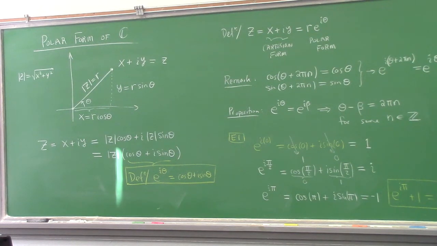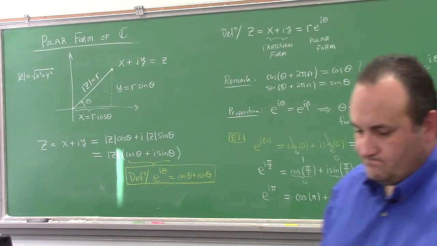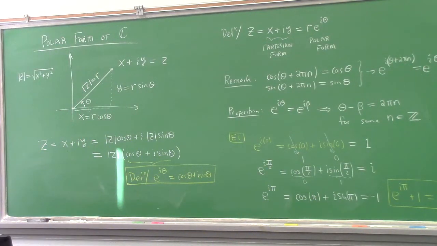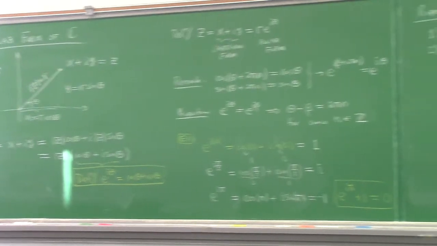Well, check it out. This would be cosine theta plus i sine theta, and this is cosine beta plus i sine beta by definition. So we can multiply those out.